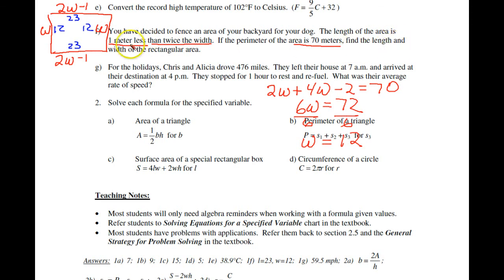Find the length and width. Okay, so that's easy. Our length will be 23. Our width is 12. And let's check our answers. This is letter F here. Look at that, 23 and 12. I love it. A little bit of humor anyway. Let's go on.